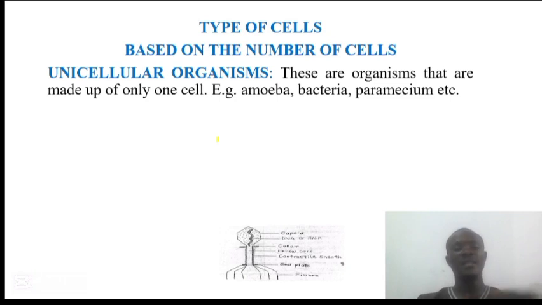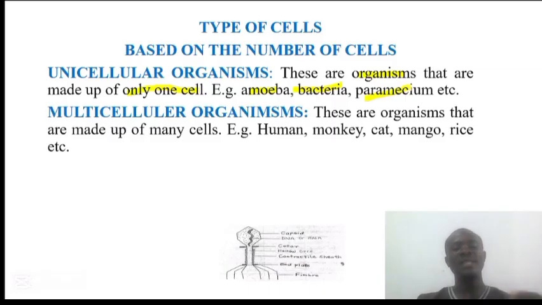Uni means one. So these organisms are made up of only one cell. For example, amoeba, bacteria, paramecium.